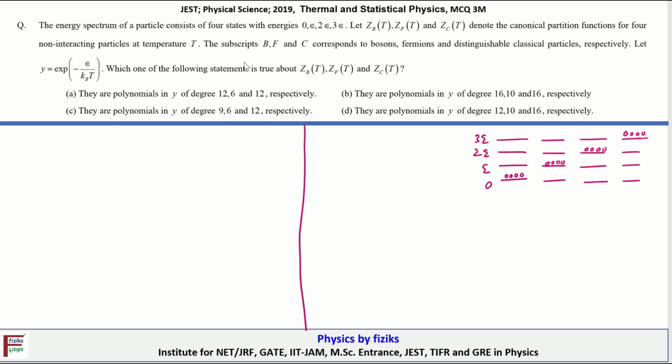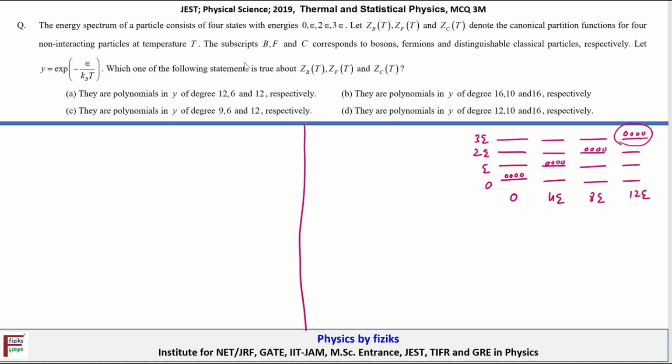But we are only interested in the term in the partition function having the largest degree, and that will be obtained when all the bosons are lying in the highest energy state, which is 3E here for the given description of the problem. For this microstate the corresponding energy will be 0, and when all 4 particles are lying in the energy state E, the energy will be 4E. 4 particles in energy state 2E will have energy of 8E, and 4 particles in energy state 3E will have a total energy of 12E.